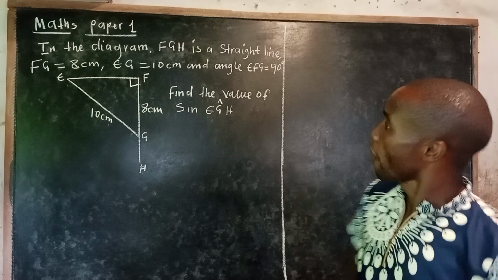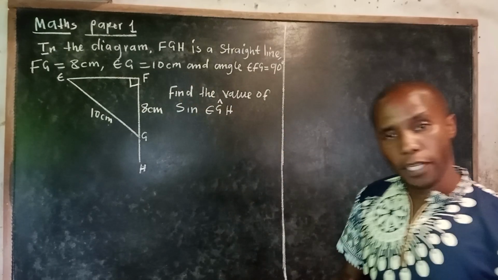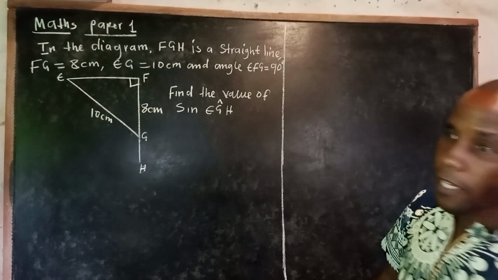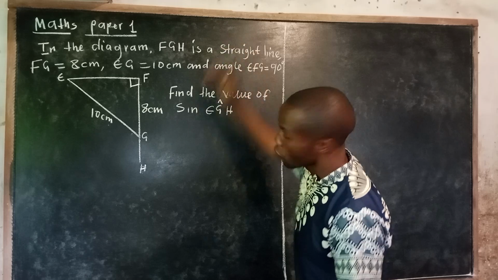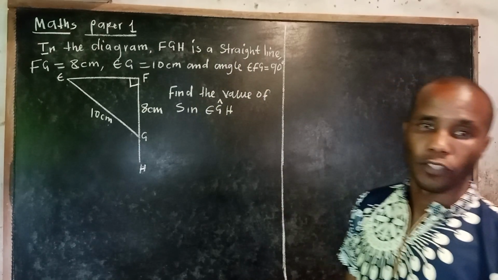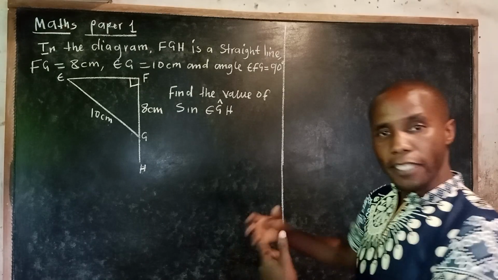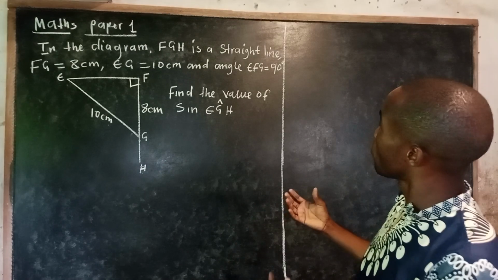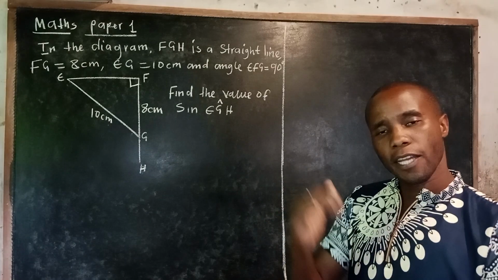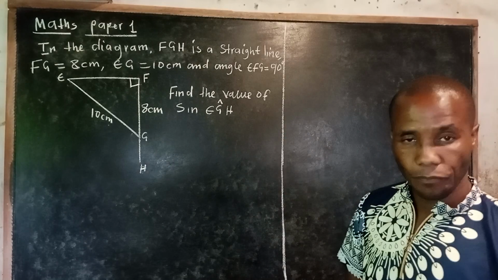In this case, you'll be able to tell that this question is coming from trigonometry. Once you understand that, it will be very easy for you to work out. Having identified the topic, you'll be able to relate the formulas, the steps, and the concepts involved in that topic. So this is trigonometry.